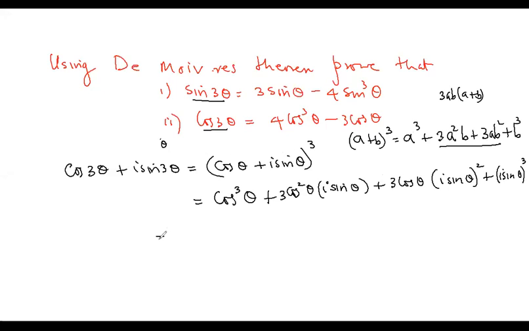Now I can write this as cos cube theta plus 3 cos square theta sin theta into i. This will become i square, minus 3 cos theta sin square theta, and this becomes minus i sin cube theta.